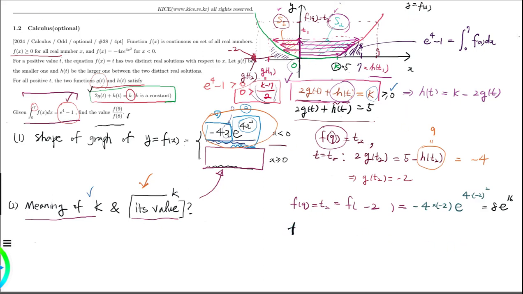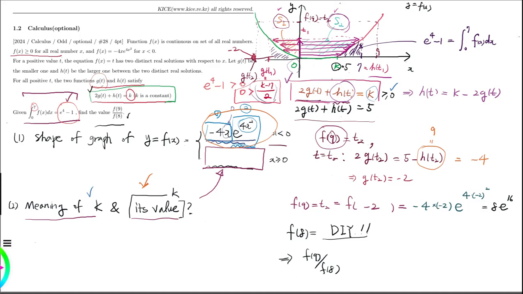You can repeat this process to figure out the value of f of 8. You can do it yourself, and then you can get the value f of 9 over f of 8 here.